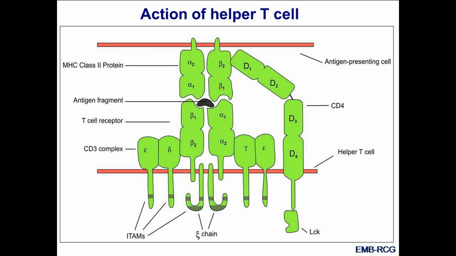And these ITAMs, when they are phosphorylated by FYN, attract ZAP70. ZAP70 is bound to these ITAMs, and ZAP70 is phosphorylated by LCK. So now this ZAP70 becomes active. It phosphorylates the tyrosine residues of some target proteins in the helper T cell, and the helper T cell now releases the cytokines or the lymphokines.